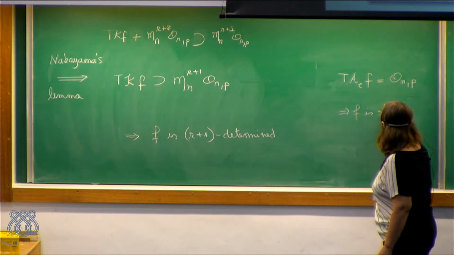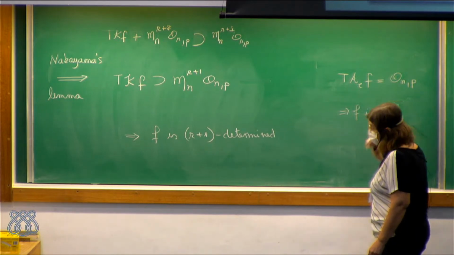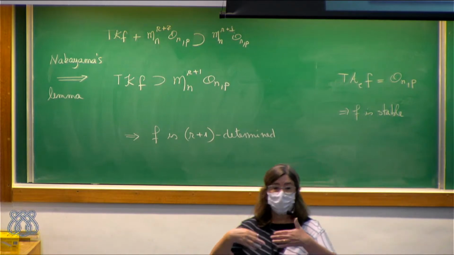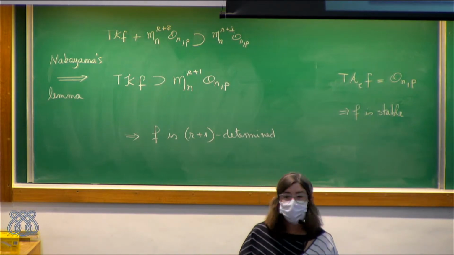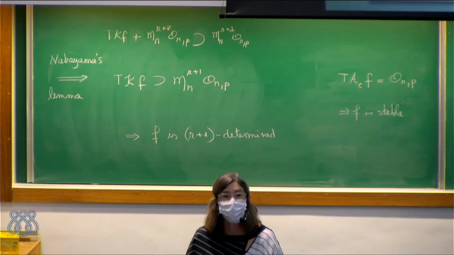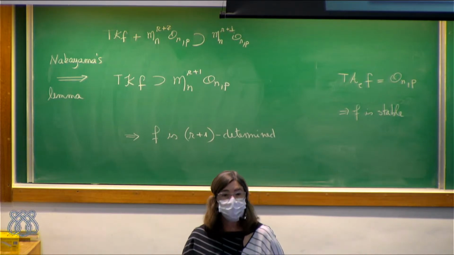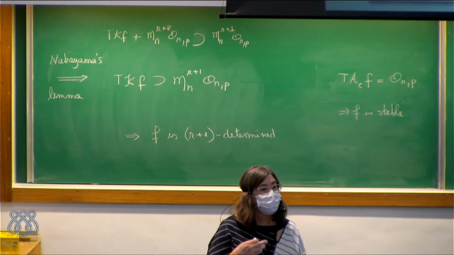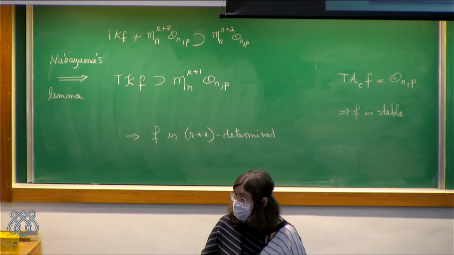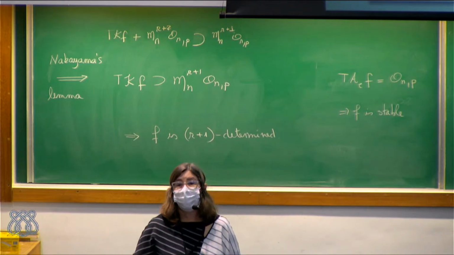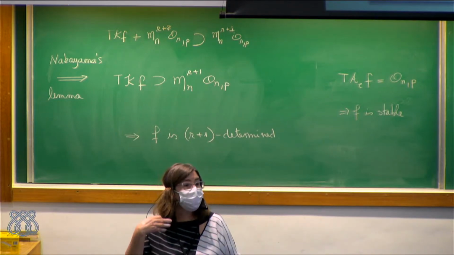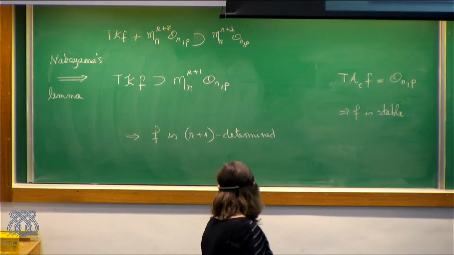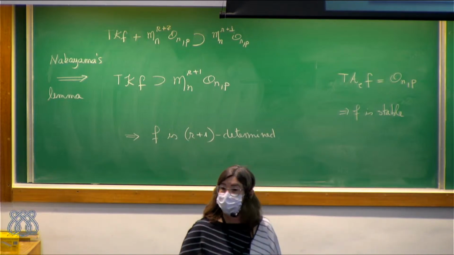We can define stability in a geometrical way: if you slightly perturb the germ, it remains equivalent to it. And you can define, as Cidinha will talk about, the deformation theoretic approach. This means that the versal unfolding is trivial, okay? So you can define it in several ways and show that everything is equivalent.